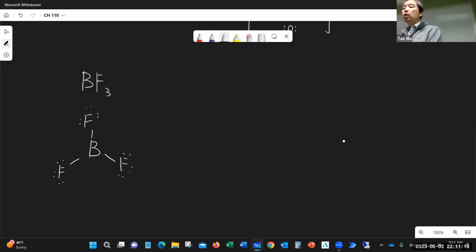This is the boron trifluoride. You will see all the side atoms are octet, but the central atom only has 6 valence electrons in the middle instead of 8.